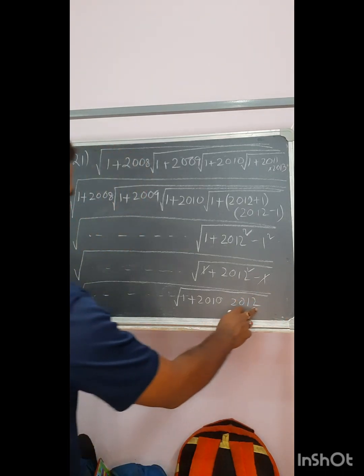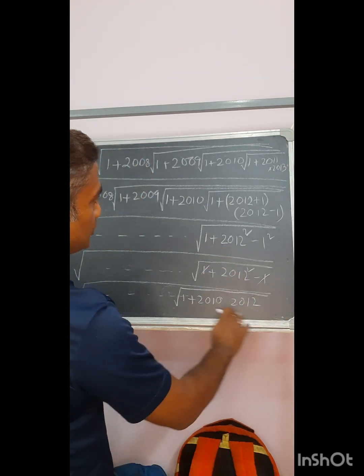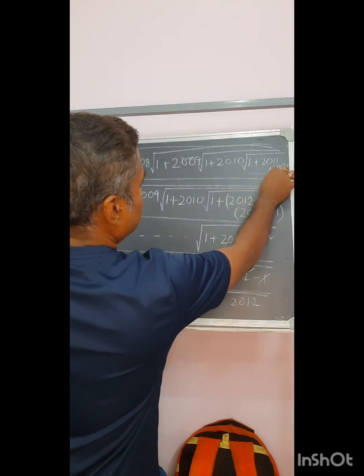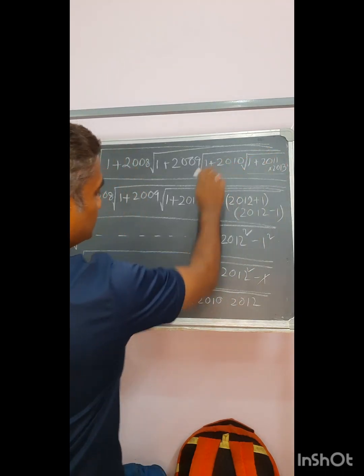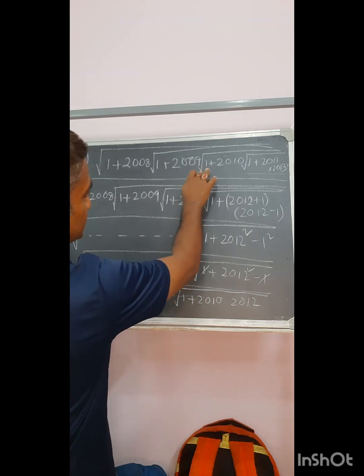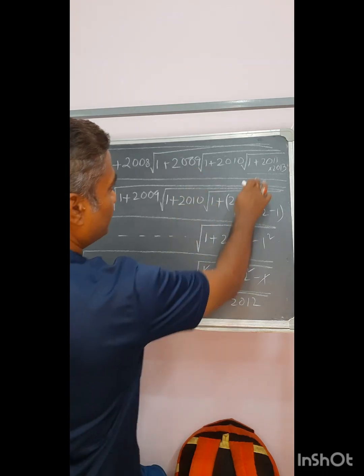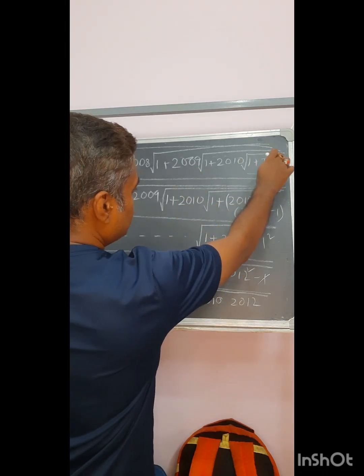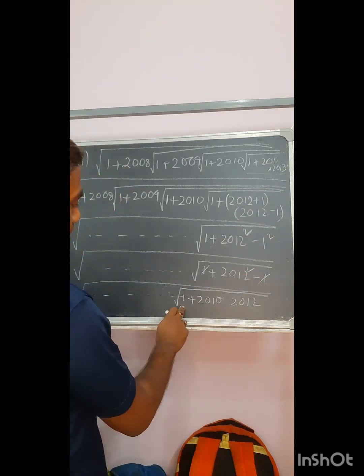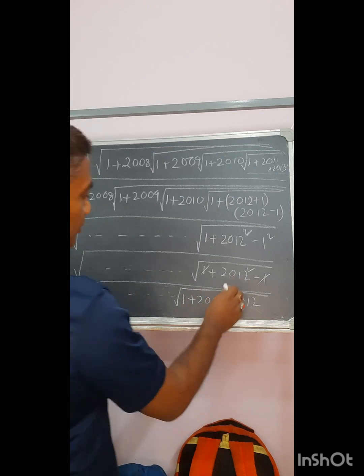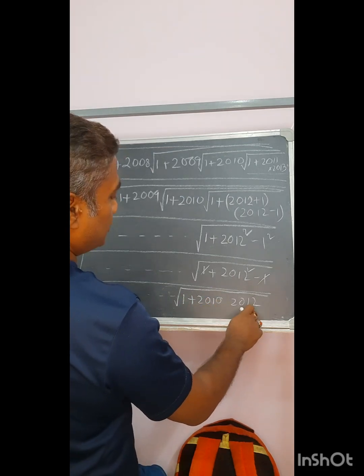Now see, this is the same position that I got inside this surd. So this has created the next surd. After removing this first surd, it has come to a similar position, where you can see the difference between the numbers is 2.